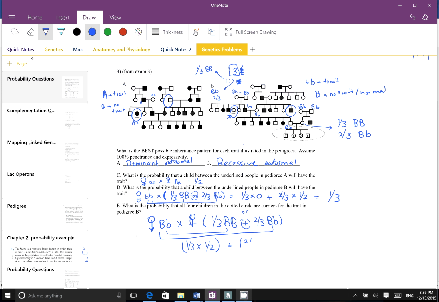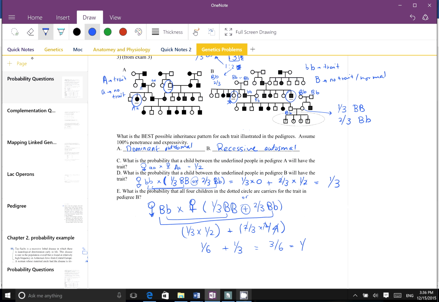So 2/3 times 2/4 for being carrier. So if I was to simplify this, I'll have 1/6 plus 1/3, which is equal to 3/6, which is equal to 1/2.